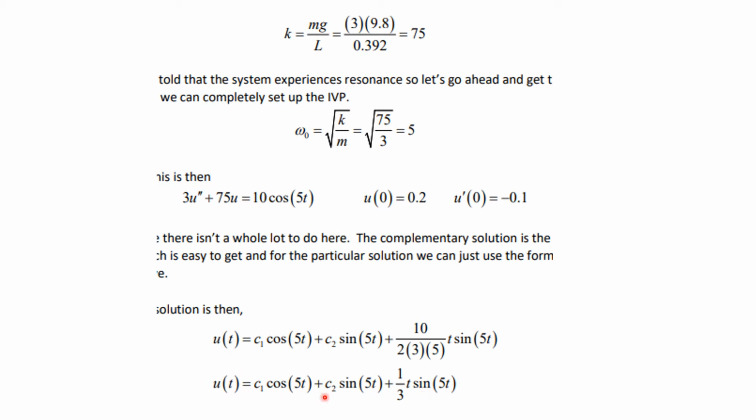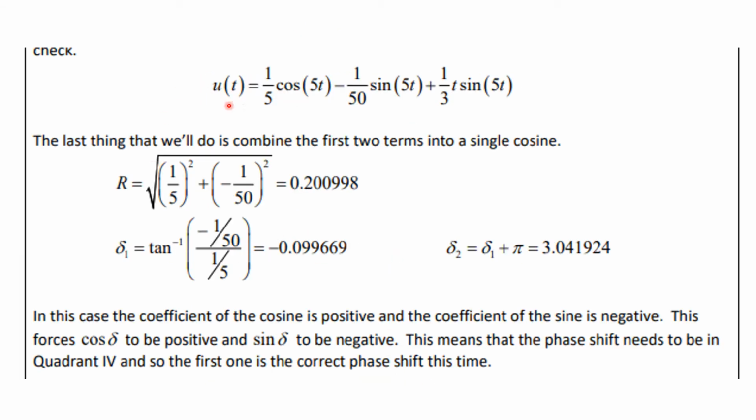Then we need to deal with the initial conditions, so we'll use those. This is not going to be a factor because our initial value is 0, so that's going to drop out. So what we will get is u of t is 1/5 cosine 5t minus 1/50 sine 5t plus 1/3 t sine 5t. And the last thing we're going to do is combine these terms into a single cosine term.